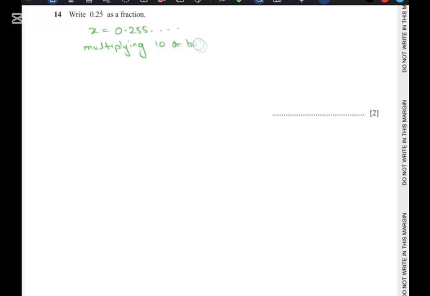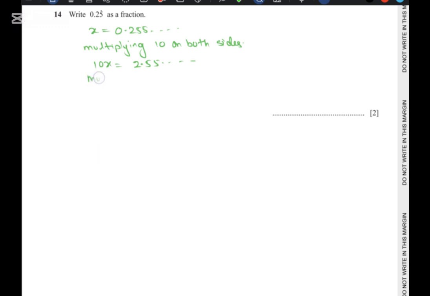Write 0.25 recurring as a fraction. There is a bar over the 5, so it is a recurring decimal. Let x is equal to 0.2555, and so on. Multiplying by 10 on both sides of this equation, 10x will be 2.555, and so on, because the point will shift to the right.